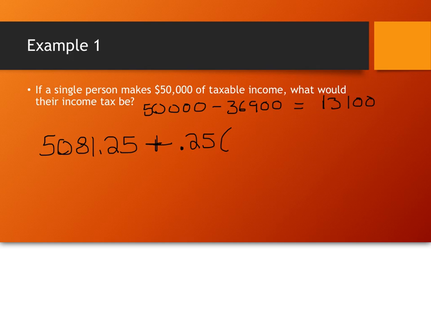We know the amount over 36,900 is 13,100. So the tax is 5,081.25 plus 0.25 times 13,100. And so the total tax would be $8,356.25.